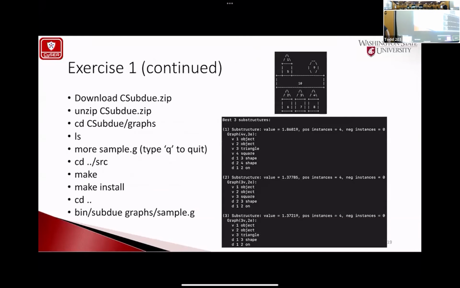So let me go through the exercise. If you look in that exercise document, this is exactly what's in there. So first thing we're going to do is download the CSubdue system. I gave you a link on that web page, or the code is actually on that web page, but it actually lives on GitHub, is where it's normally available. Try this.